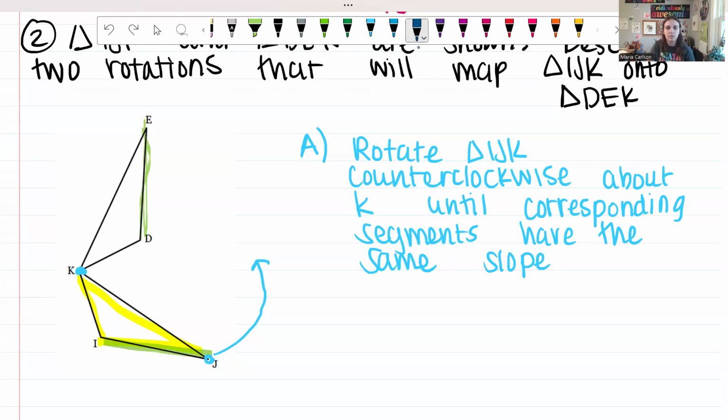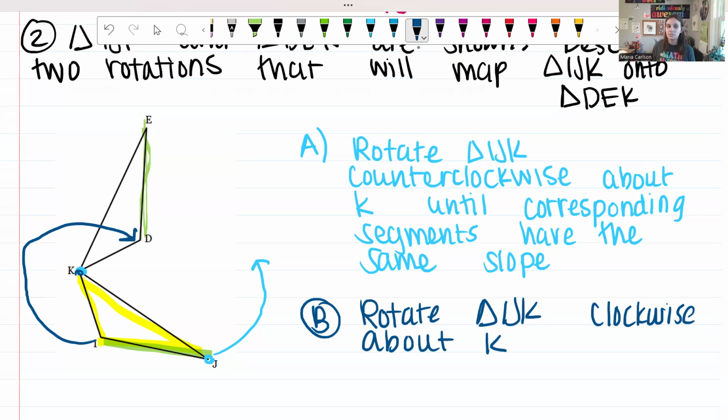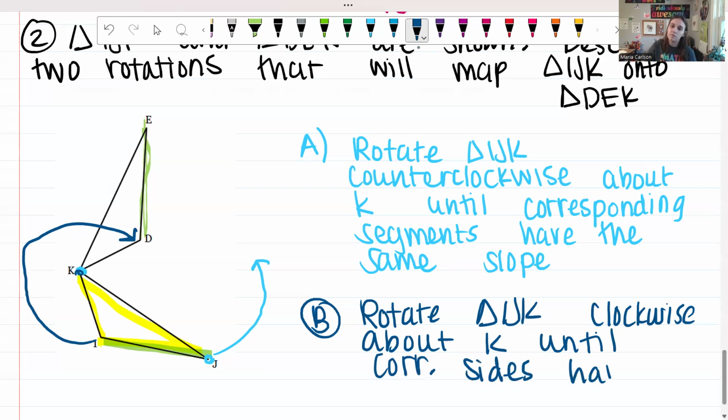So that's one way. And then we could also go the opposite way, right? I could also rotate triangle IJK clockwise about K until corresponding sides have the same slope.